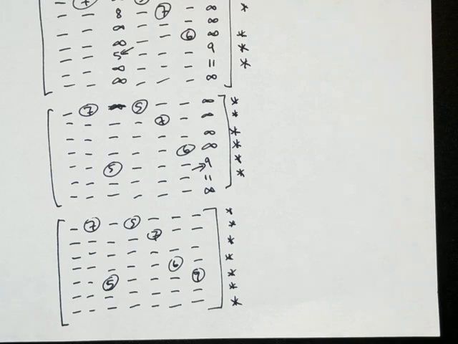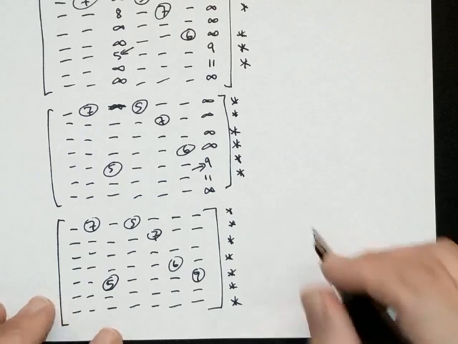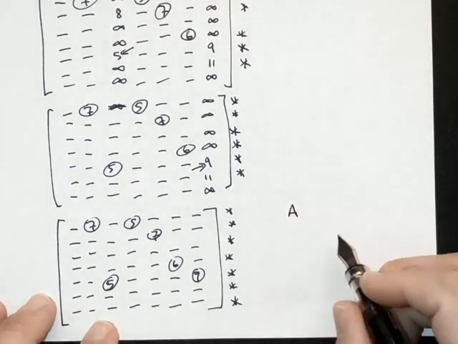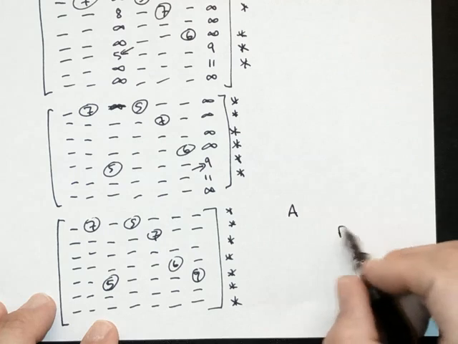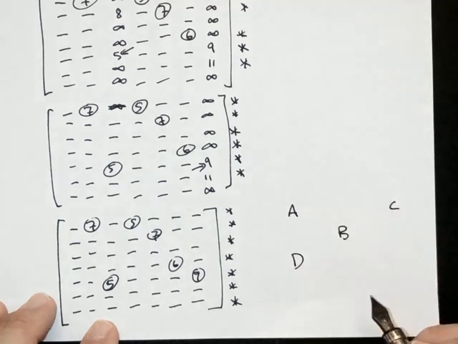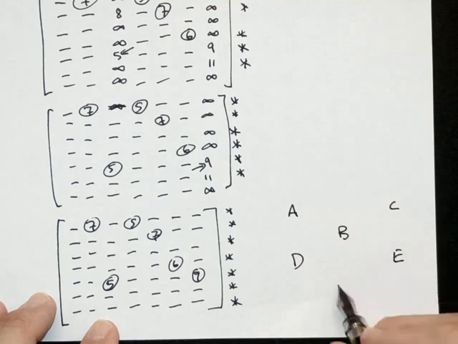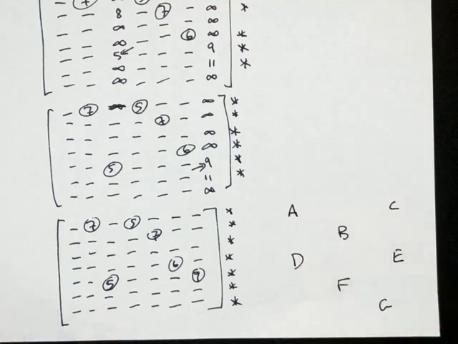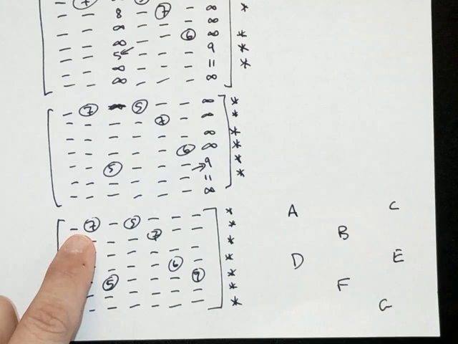I can draw it even from the empty vertex set. Let's see, it was A, B, C, D, E was across, F was down, G was down below. So this edge goes from where to where?